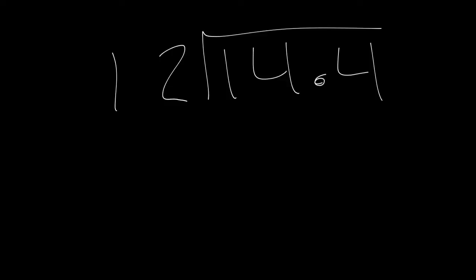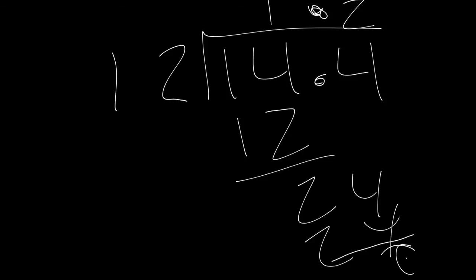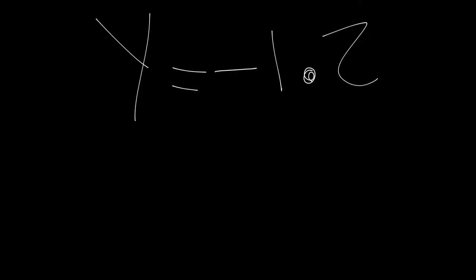Okay, now we will divide. 12 only goes 1 into 14, so you'll put that. Then you put a 12, 24, you bring up the decimal, put a 2, 4, 0. So your answer will be y equals negative 1.2.